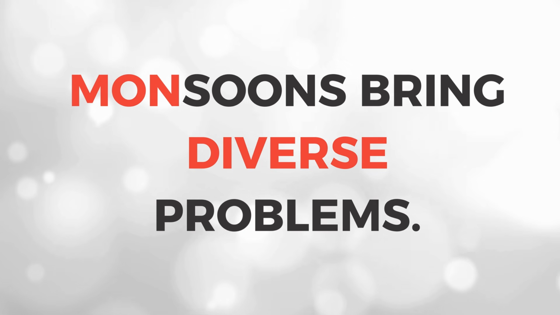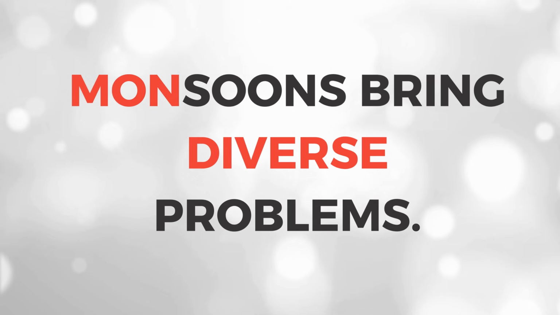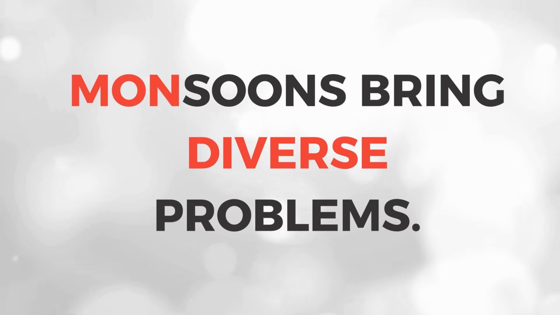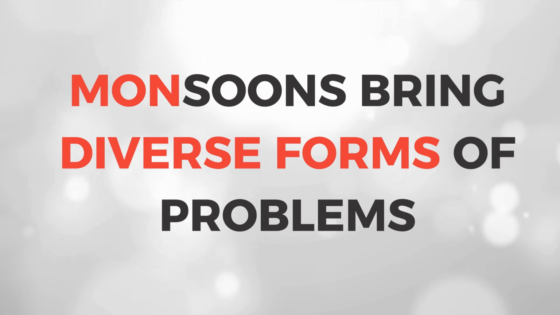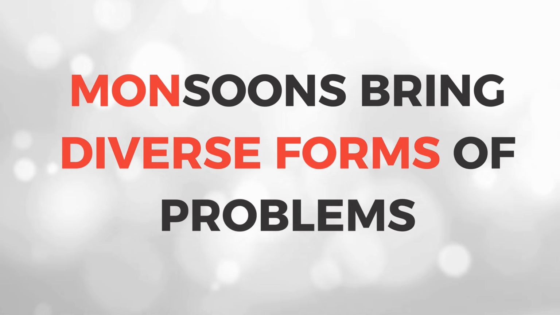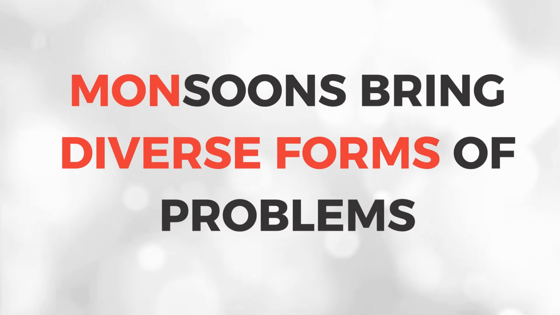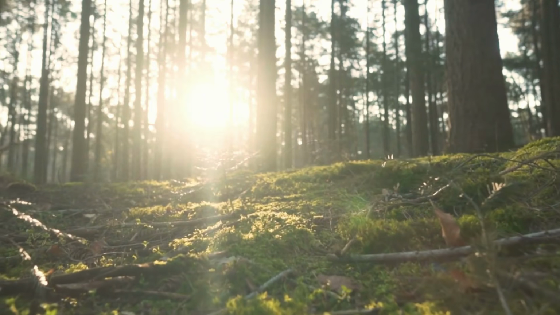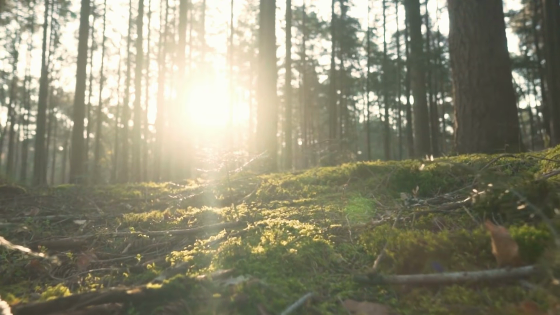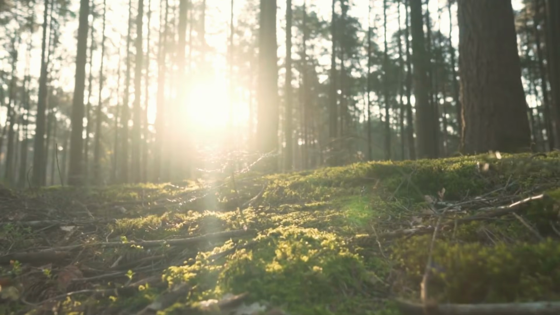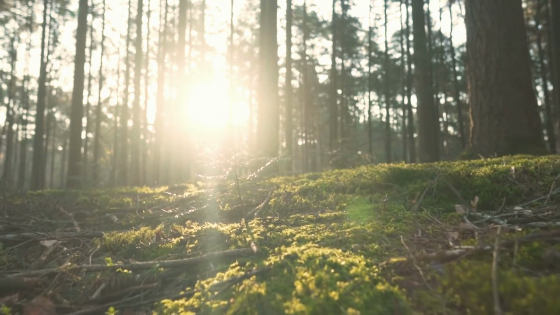If you remember the word muoto and that it means a form, your mnemonic could be monsoons bring diverse forms of problems. It's okay to have mnemonics that sound silly and even illogical for the rest, as long as they help you to remember. I have used this technique when I've been learning new languages and I struggled to remember new words.